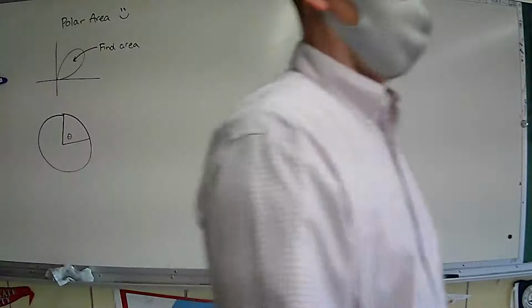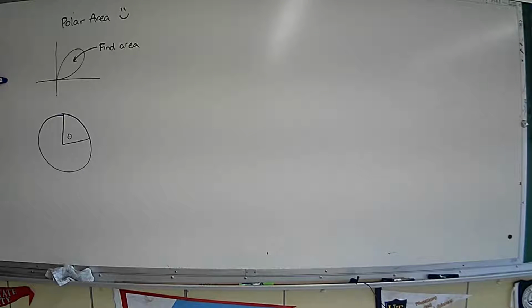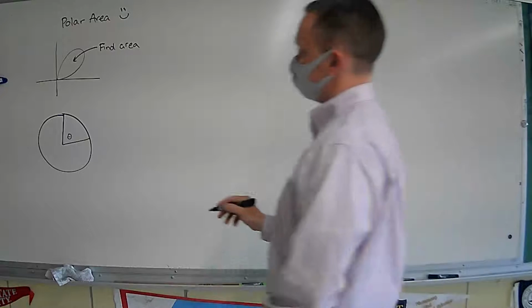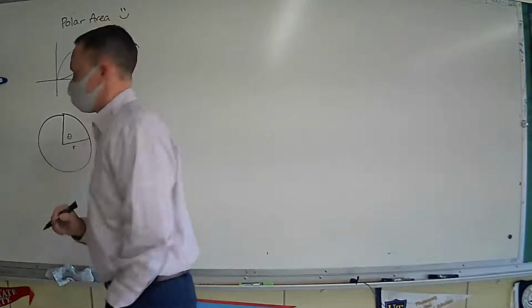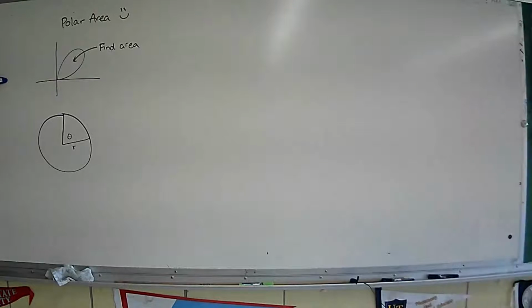If I gave you a circle, and I said, find the area of that piece of pie, like that little piece of the pie, do you think you can do that? Well, I guess I could give you a theta value and an r value, but could you just tell me what it is in terms of r and theta?